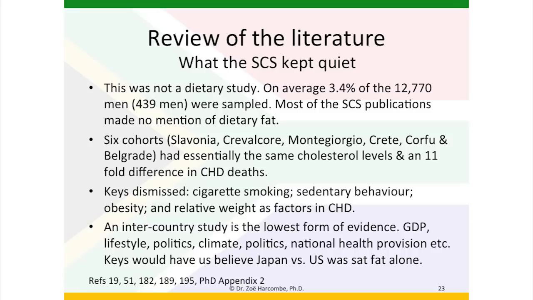What Keyes is trying to have us believe is that Japan being at the bottom of the graph for coronary heart disease deaths and saturated fat intake, and America being at the top, is entirely due to the saturated fat content of the diet, not GDP, not climate, not politics, not the national health provision, not the family scenario, the communities, the support system that is known in Japan that may be very, very different in America. All of that we were supposed to dismiss and to only believe that saturated fat alone made any difference.